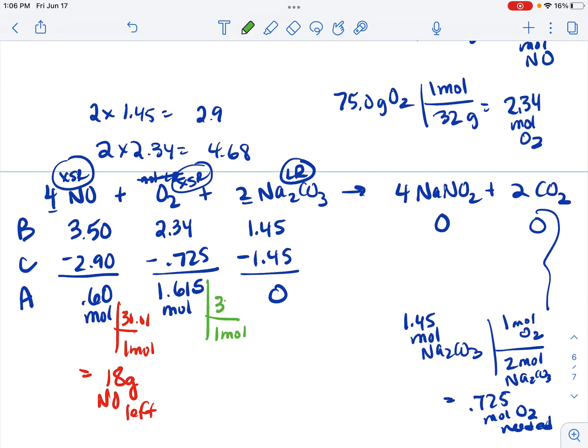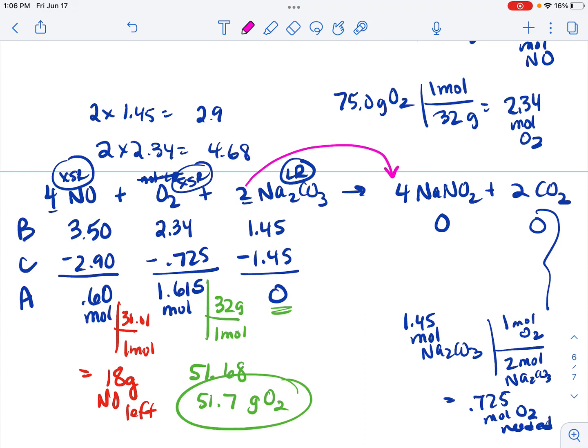This is in moles, so 1 mole is 32 grams of oxygen, which gives me 51.68 or 51.7 grams of O2 left, and no Na2CO3 left. And then they also asked me how many grams of NaNO2 I could form. Notice that if this is my limiting reactant, it's twice as much formed.